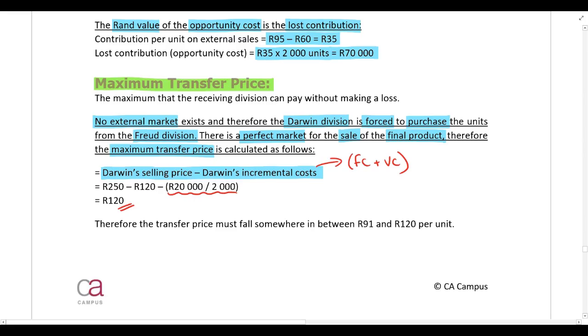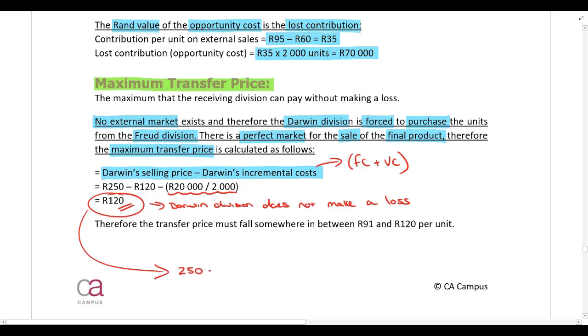How do I know that that's my maximum transfer price? Because this is the maximum transfer price so that the Darwin division does not make a loss. We can quickly prove the calculation. The Darwin division is going to sell the product for 250 Rand.